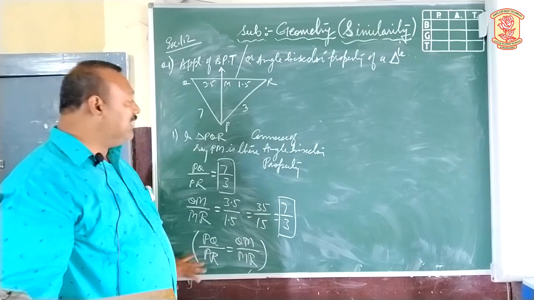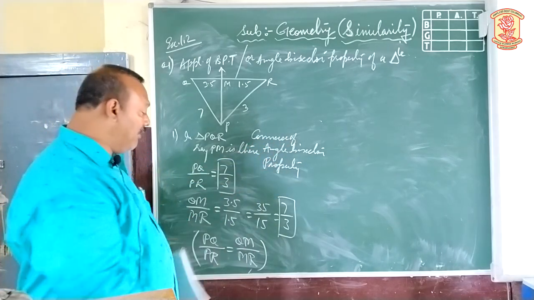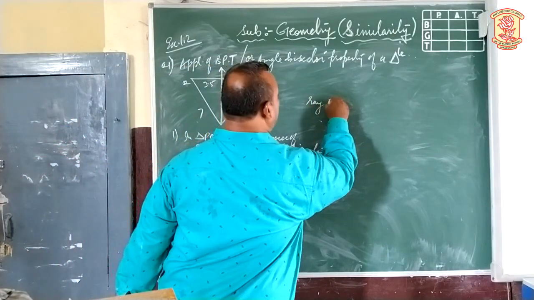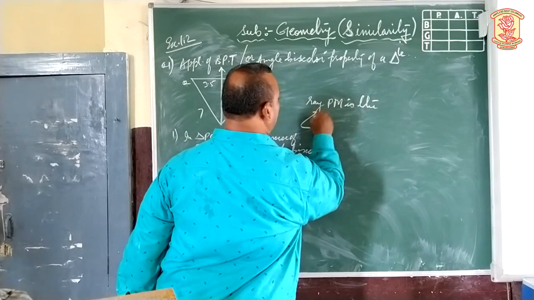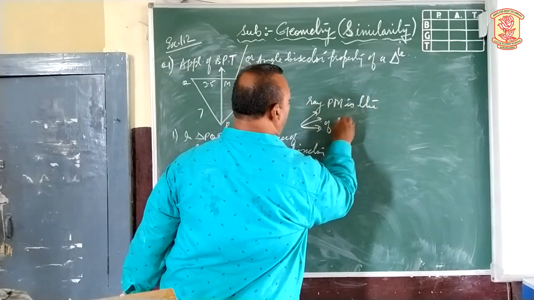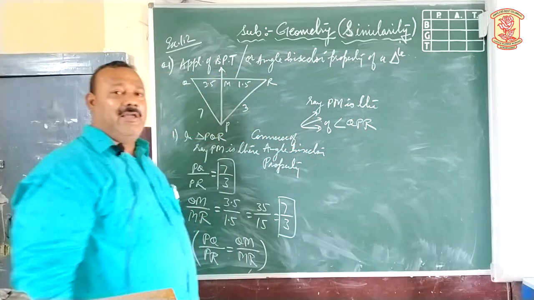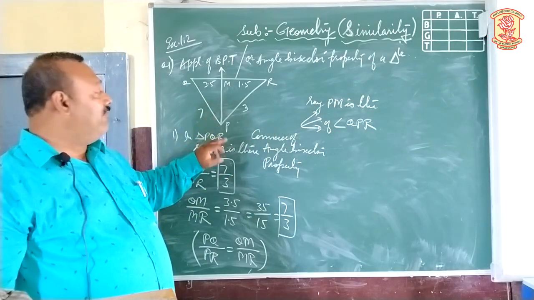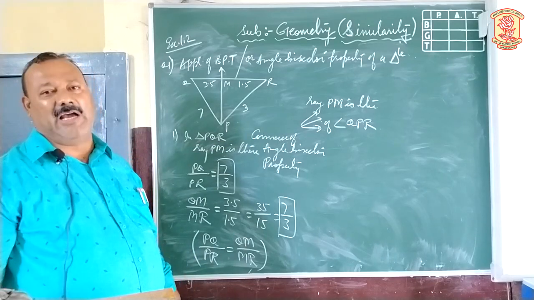Both are equal. Therefore, when we apply the converse of the angle bisector property, we can say ray PM is the angle bisector of angle QPR. In such a way, we have to decide whether ray PM is the angle bisector of angle QPR.